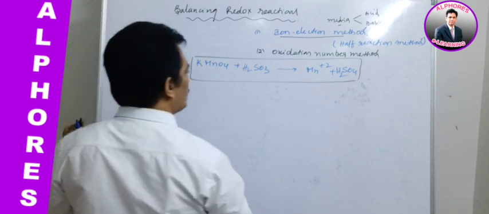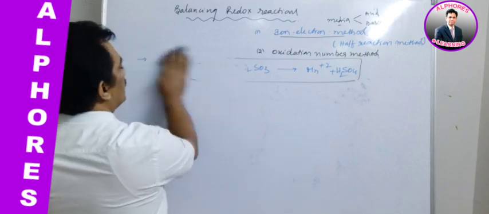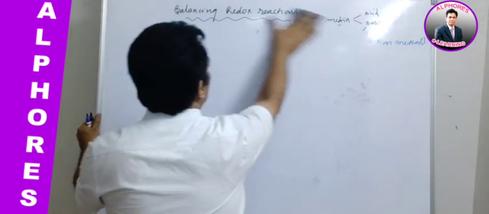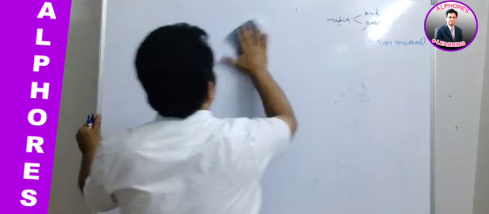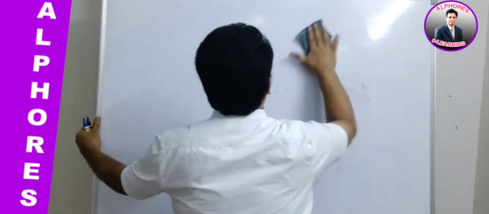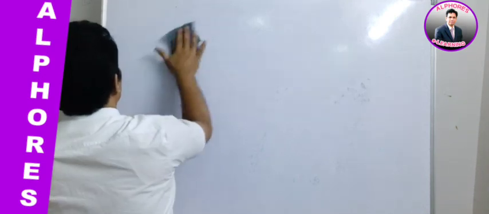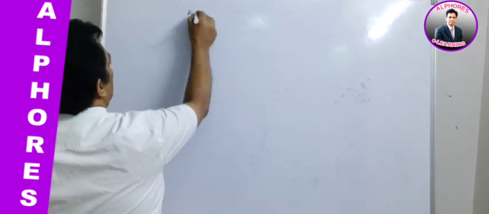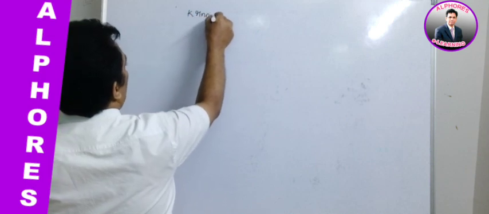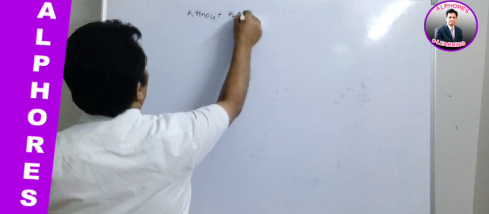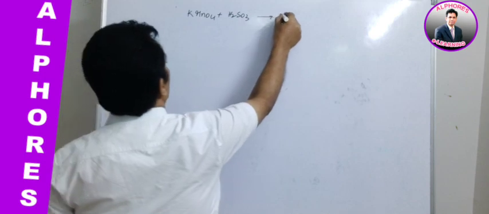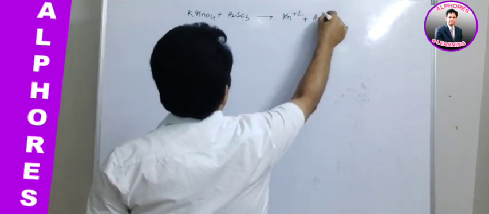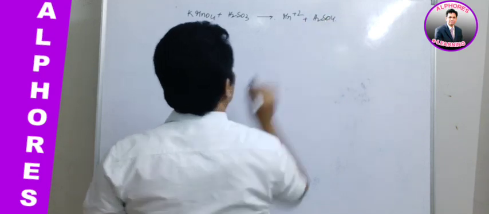Clear? Now let me start. This is KMnO4 plus H2SO3 giving Mn2+ plus H2SO4. They ask to balance this equation by the ion electron method.